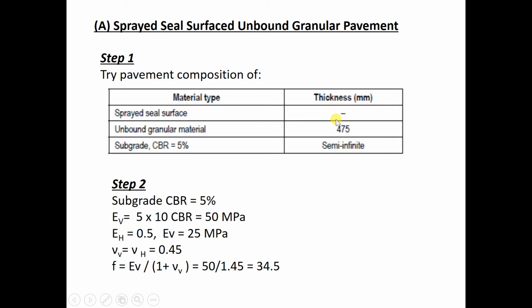We'll be checking the design standard axle repetitions for the asphalt, for the cemented material, and for the subgrade. Then we check against the allowable, to see whether it is smaller than the allowable, because it cannot be greater than the allowable.